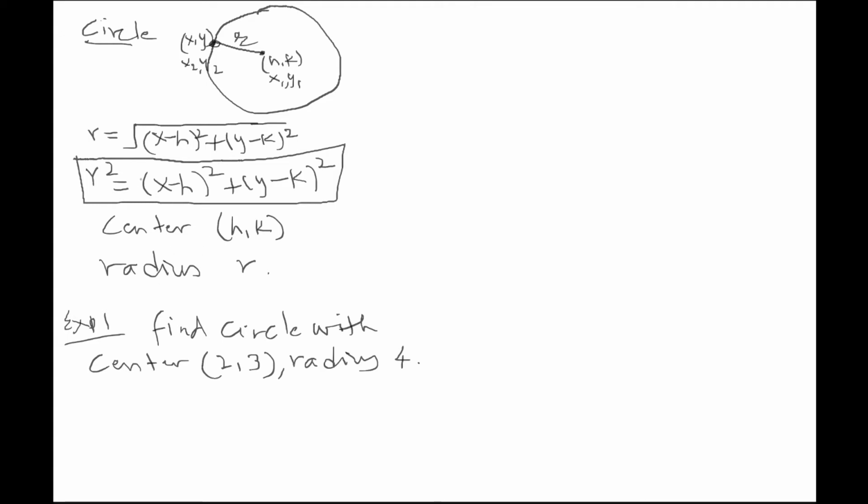The equation of the circle is (x minus h) squared plus (y minus k) squared equals r squared. You can keep r squared on the right side and these terms on the left side. What is (2, 3)?